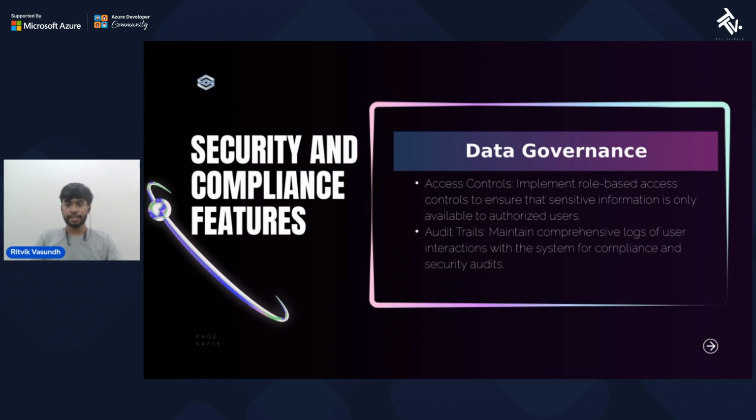Now, audit trails maintain comprehensive logs of user interactions with the system for compiling security audits. Suppose you might have seen that if you log in to a Google account on a random PC, it shows that you have never logged in to this computer before, and asks whether you trust this computer. That's where security audits help. That's a small example of how security audits help maintain the authorization and security of a particular user.